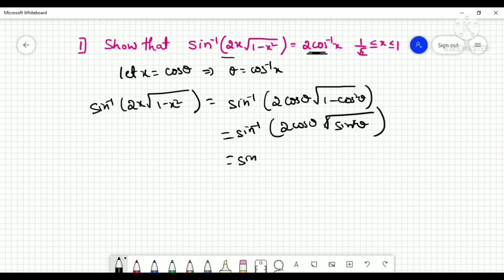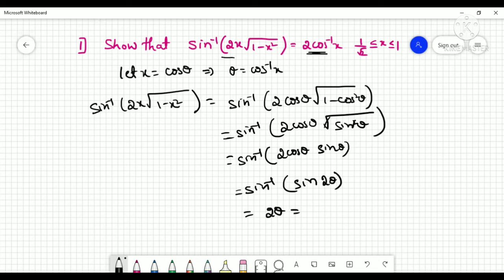This is equal to sine inverse of 2 cos theta, and what is left is sine theta. Now sine inverse of 2 sine theta into cos theta is sine 2 theta. Sine inverse of sine 2 theta is equal to 2 theta. What is the theta value? Here, cos inverse x. So the answer is 2 cos inverse x. Now, 2 marks, very important question.